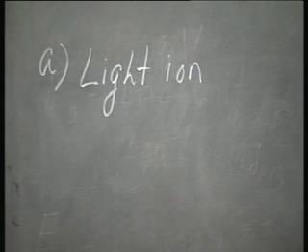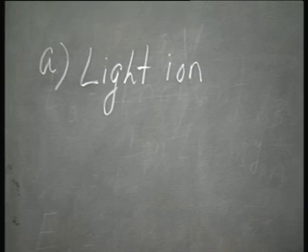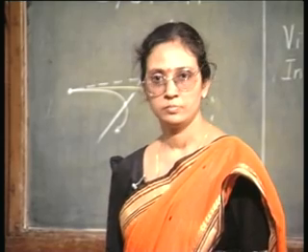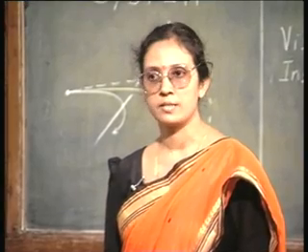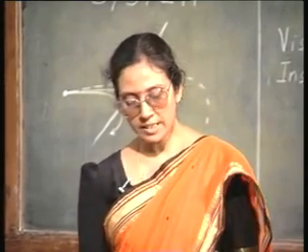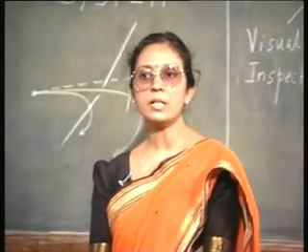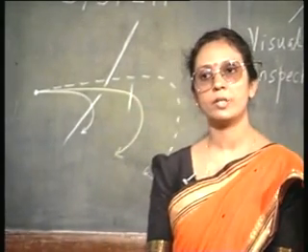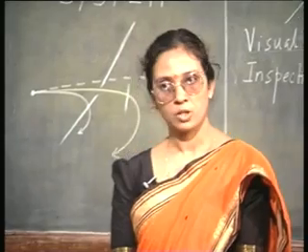a light ion. It has got a small mass. It hits the substrate, undergoes collision with the lattice atoms. So, during each collision, it is transferring a relatively small amount of energy. Okay.